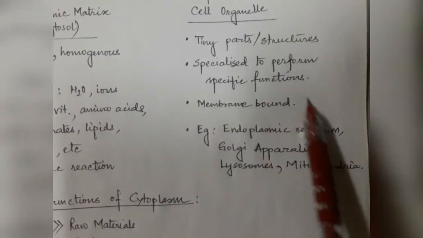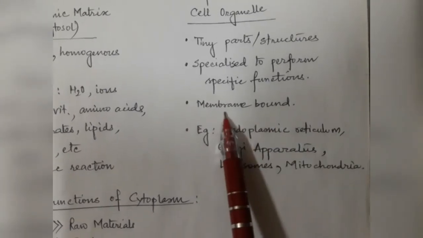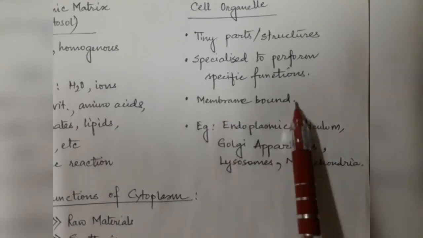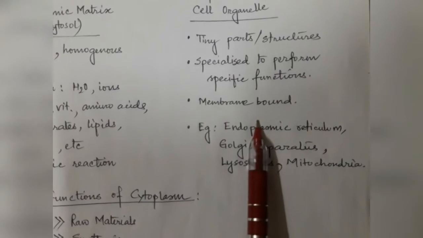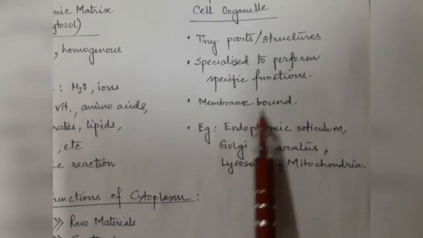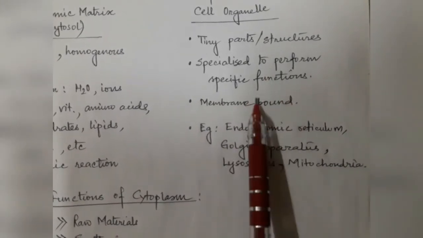In prokaryotic cells, organelles are not seen with a membrane present on them. Is it clear? Prokaryotes do not have membrane bound organelles, but eukaryotic cells are seen to have prominent membranes just surrounding the organelle, right?